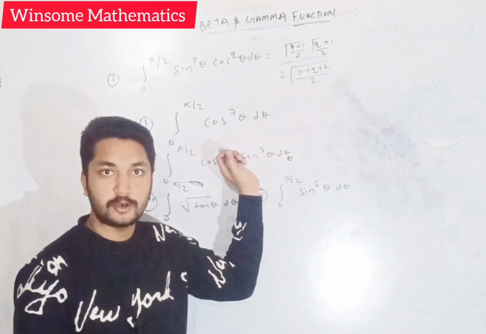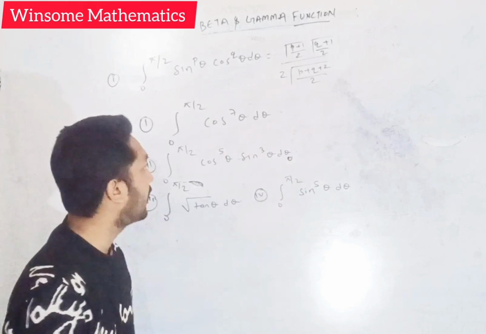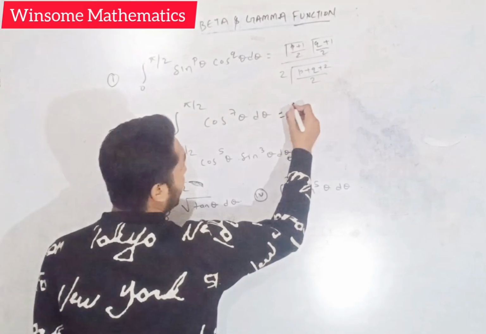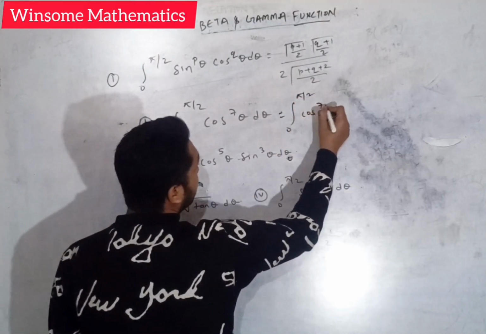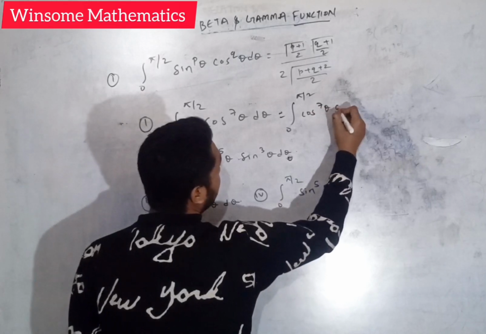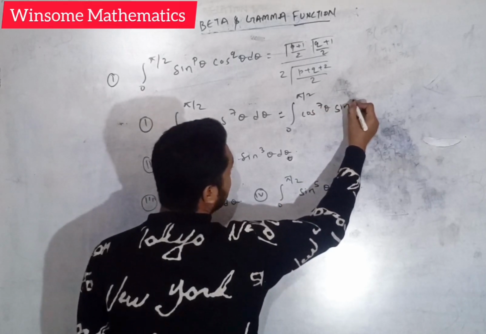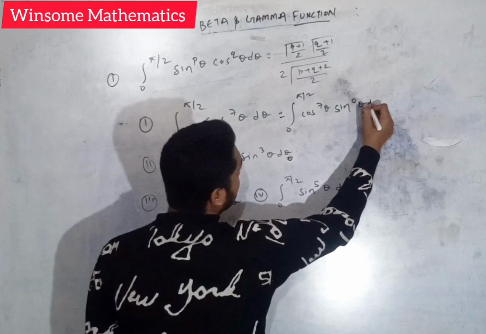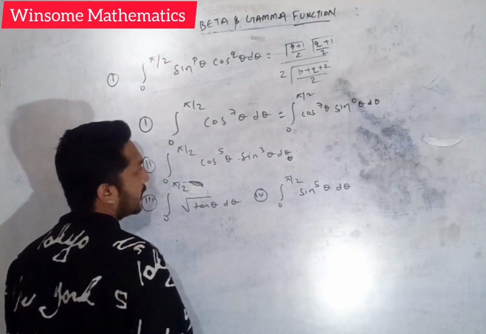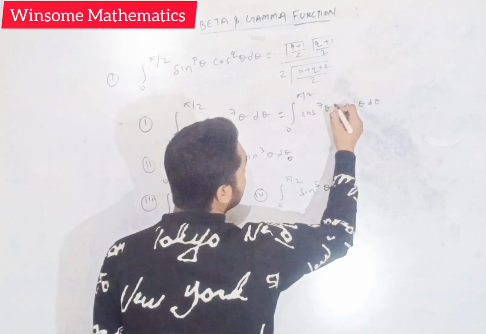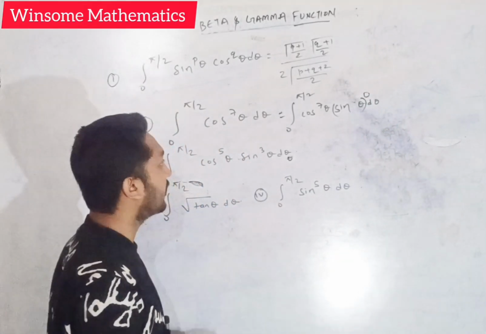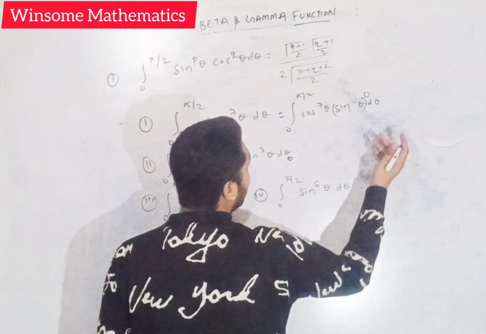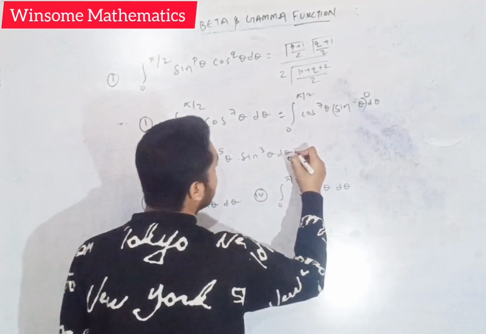We write sine 0 theta. So this is cos 7 theta, and this is sine theta to the power 0. You can easily write it; this will look clearer.